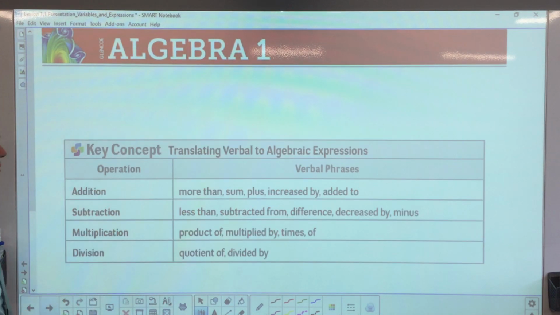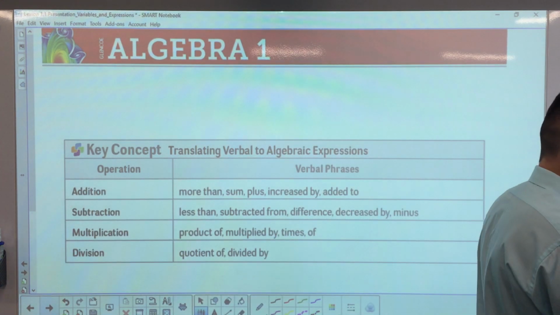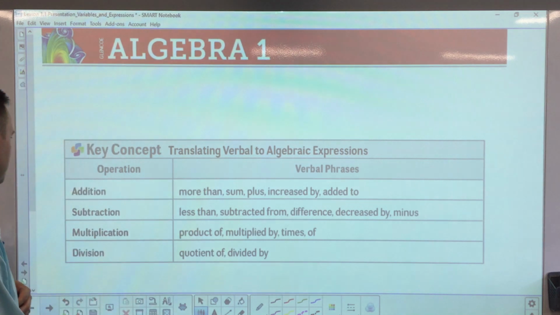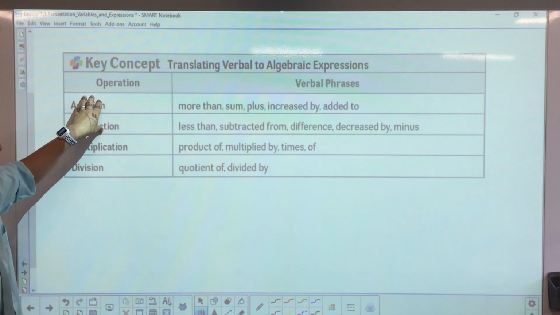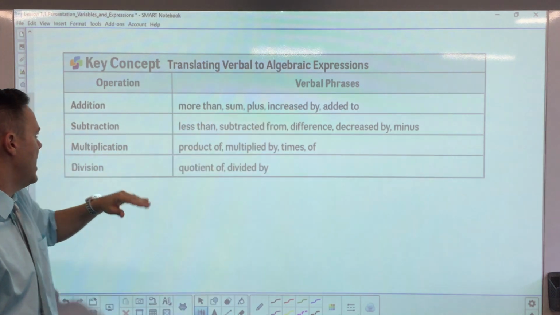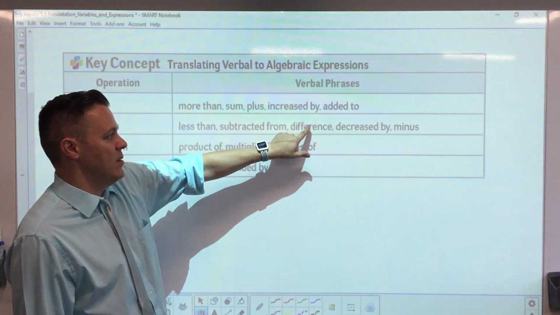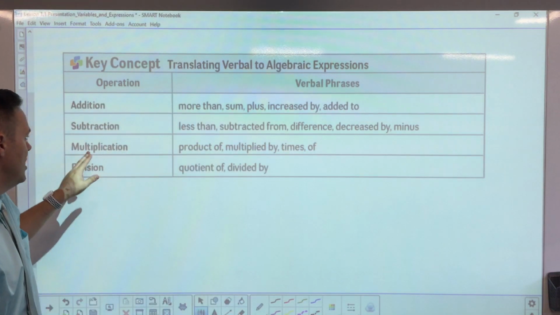All right, example, if you guys flip your page in your book now to page 6, at the top you'll see writing algebraic expressions, and these are a lot of key terms that you guys need to know. Concepts: addition would be more than, sum, plus, increased by; subtraction, less than, difference. Okay, we've hit that a couple times. Minus, all right, simple one that you guys have known.